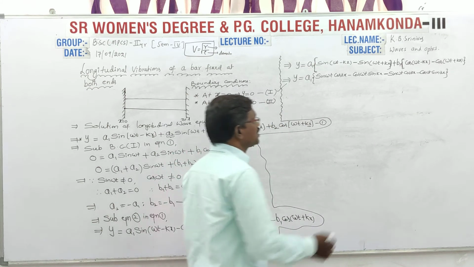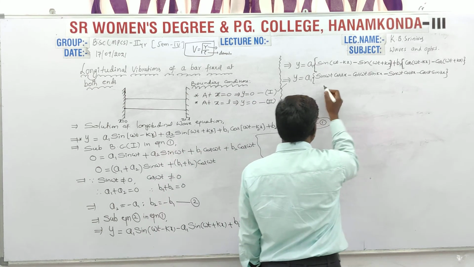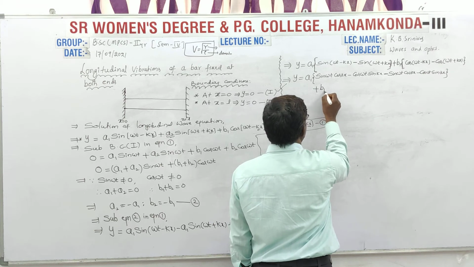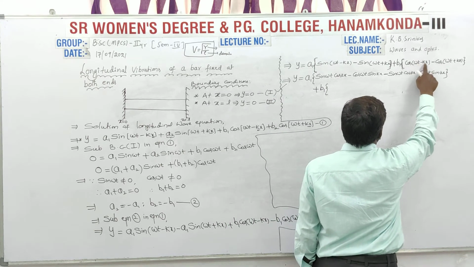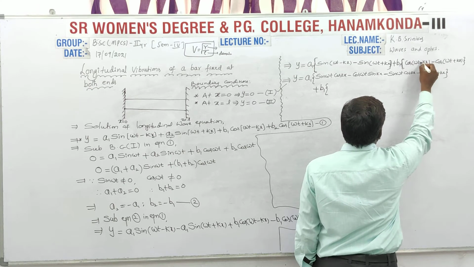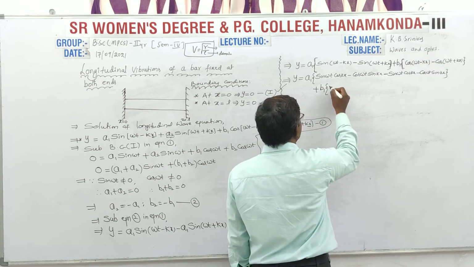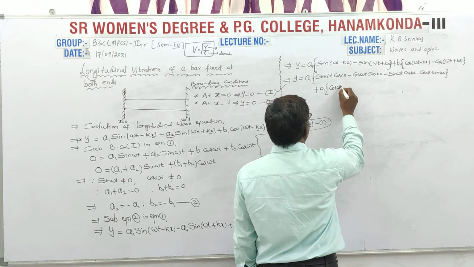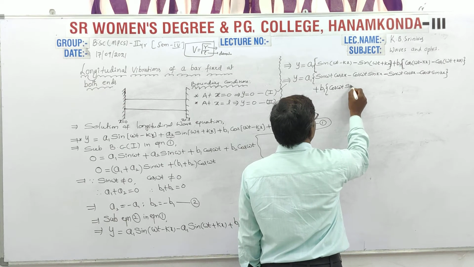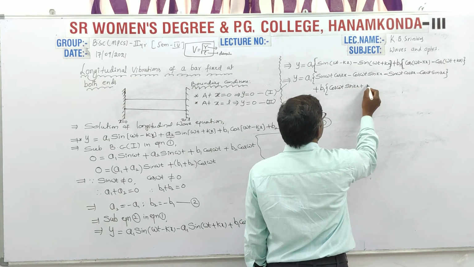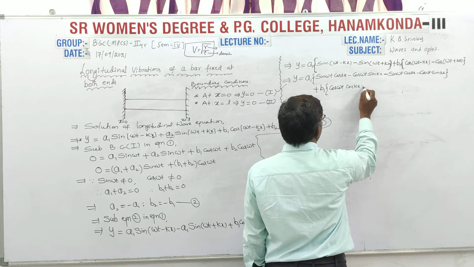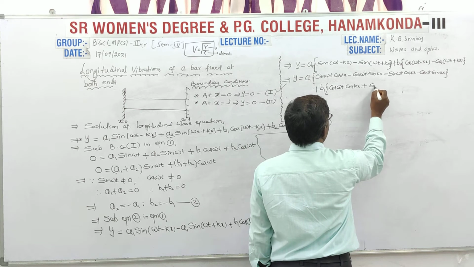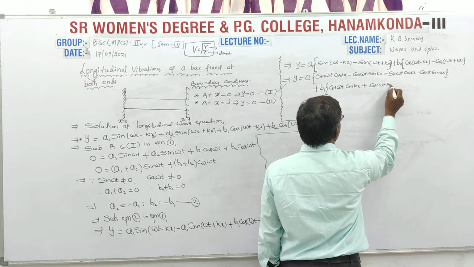Coming to the second term, this one, so plus b1, it is in the form of cos of a minus b. What is the expansion of cos of a minus b? Cos a cos b plus sin a sin b.